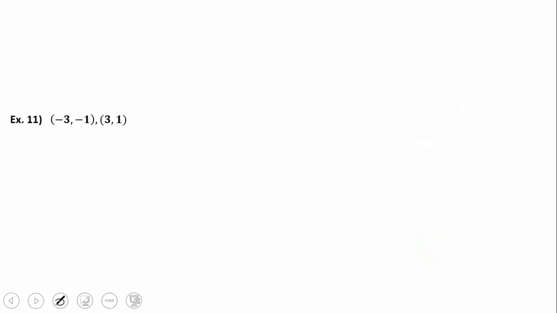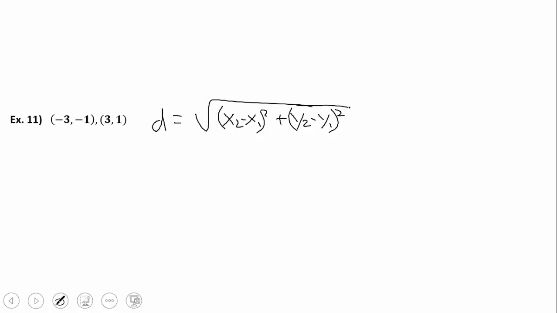All right, moving along. I'm going to do this one using the distance formula only. I'm going to do the next one using my way. And then you're going to figure out which one you like the best. So the distance formula says take the square root of x2 minus x1 and square that, plus y2 minus y1 and square that. Right? And then we label the points. x1, y1, x2, y2.